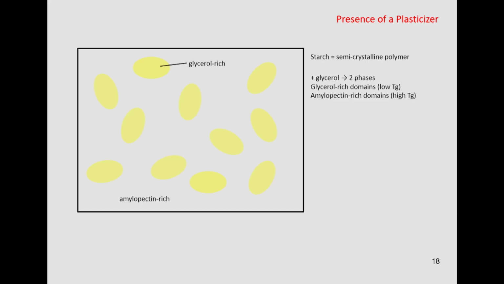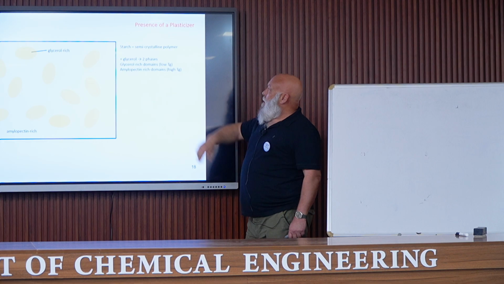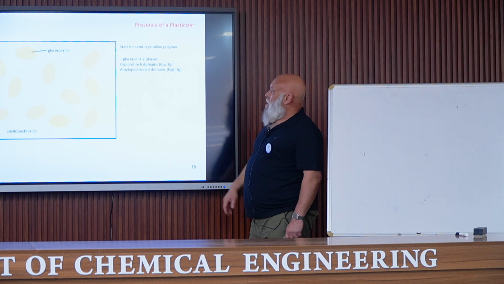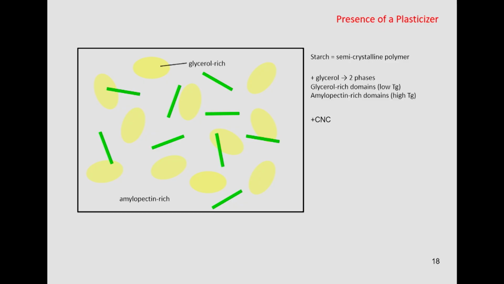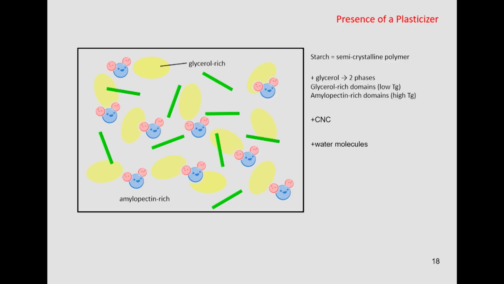Glycerol-rich domains, with a low TG, and amylopectin or starch-rich domains with a higher TG. We had cellulose nanocrystals. Of course, we have cellulose, starch, glycerol, and water molecules. And you can understand that there is some interaction or competitive interaction between all these components.